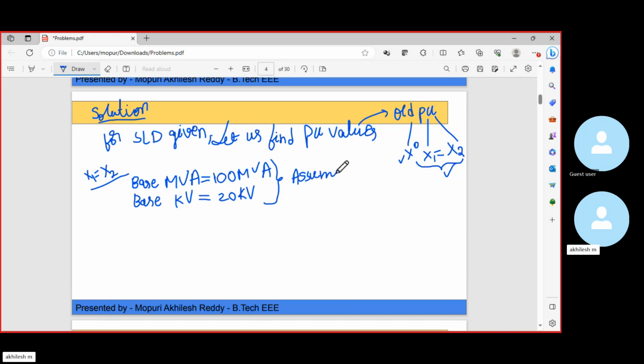Now after finding the base, let us come to generator 1. What is the formula for new per unit?